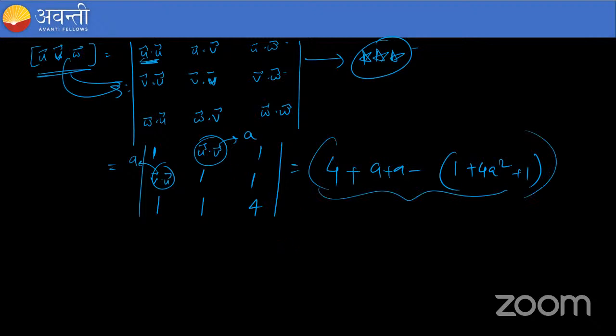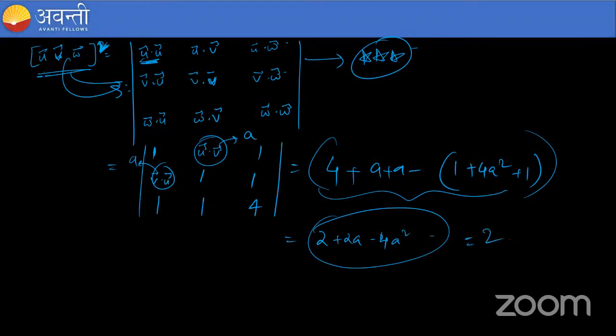Now what we have gotten here is 4 minus 2 is 2, 2 plus 2A minus 4A square. So this is the determinant value, and this is the square of that determinant, which is equal to 2, right?